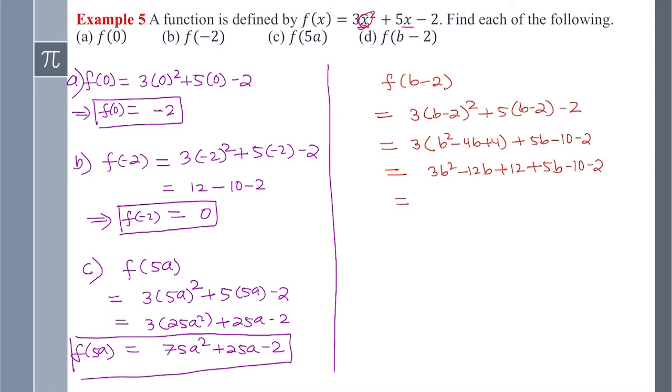Now if you combine the like terms, then we get 3b squared minus 7b, and then 12 minus 10 minus 2 is 0. So f of b minus 2 equals 3b squared minus 7b. So that's how we evaluate any function. So this is D.